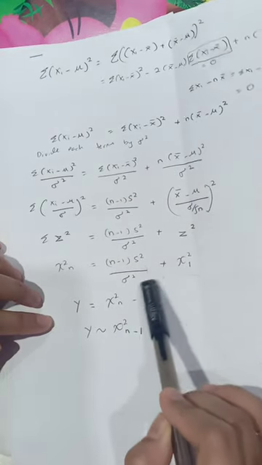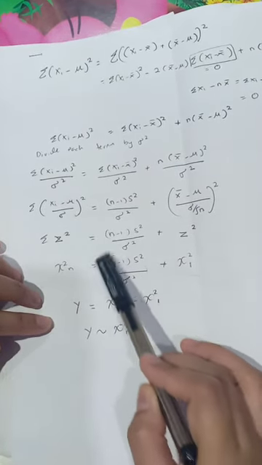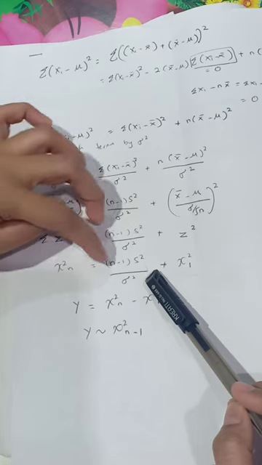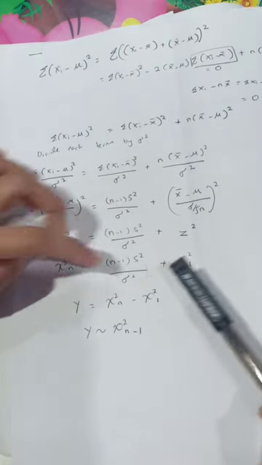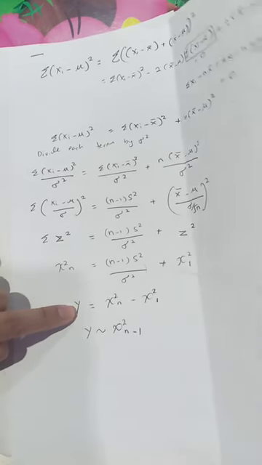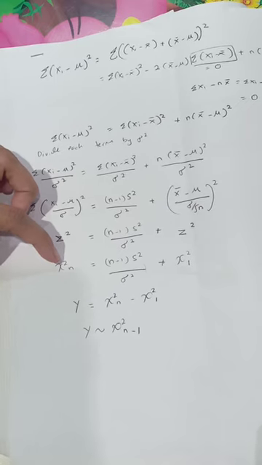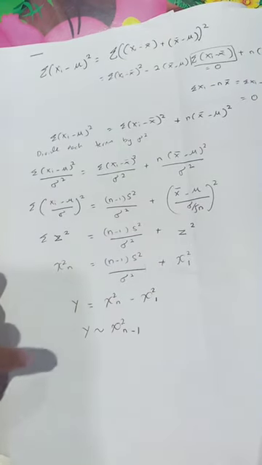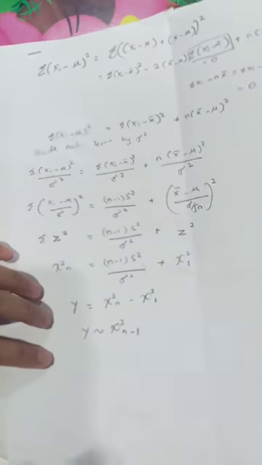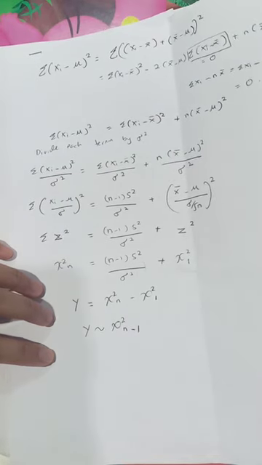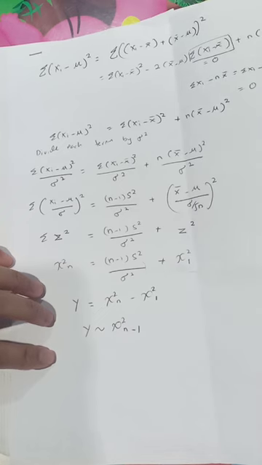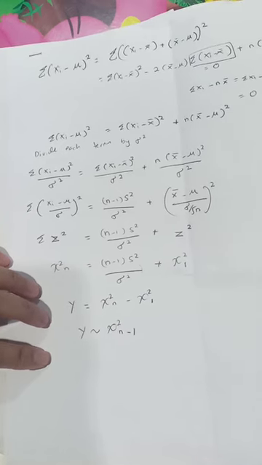This part, what we wanted to prove earlier, the random variable n minus 1 s square over sigma square, we denote it as y. So y equal to chi-square n minus chi-square 1. Chi-square can be minus with the chi-square, so it will be chi-square n minus 1. This is the proof of how we get the theorem 2.7 just now.